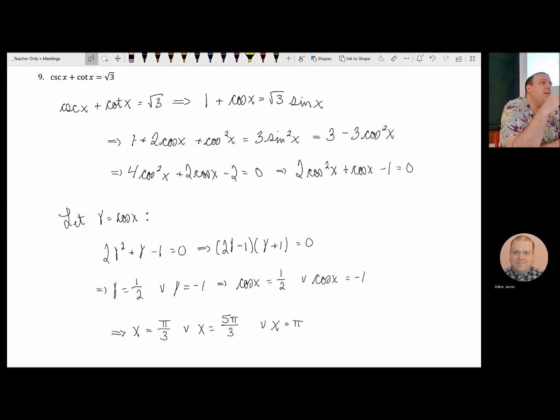Check 5 pi over 3. That's quadrant 4. Cosecant and cotangent will both be negative there. Which means there's no way you're going to get negative root 3 out of that. So x cannot be 5 pi over 3 either.